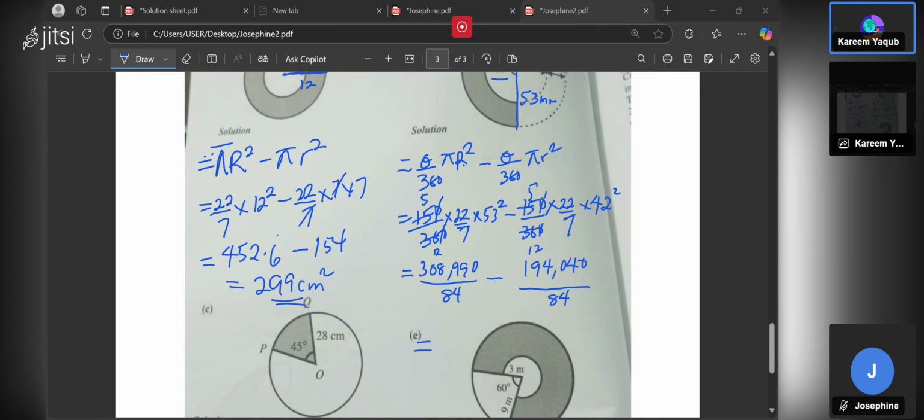So the answer is 1,368. 1,368 centimeters squared. So that is the answer to that one. Is that clear?